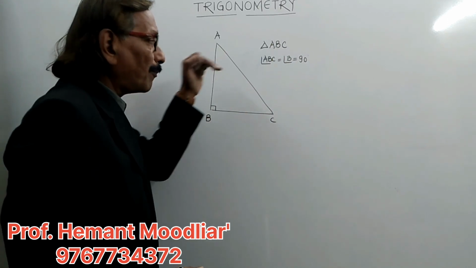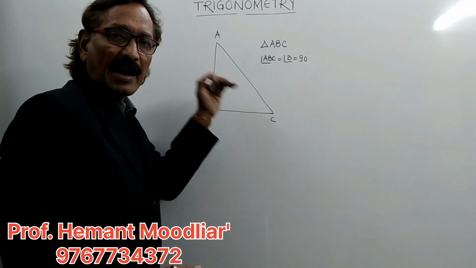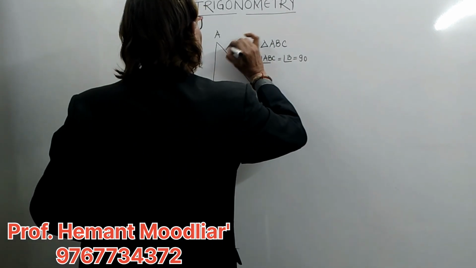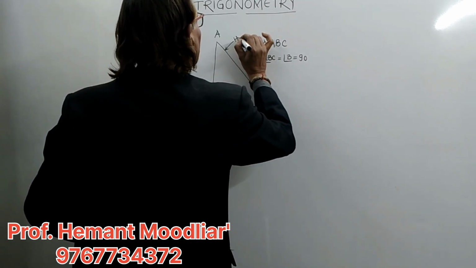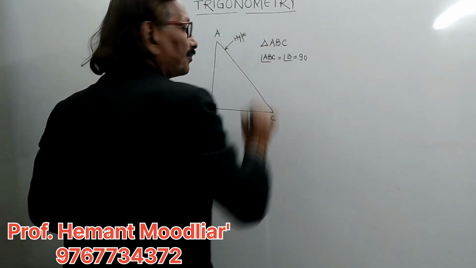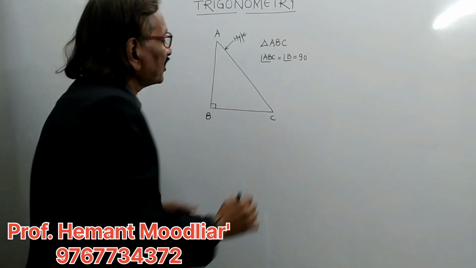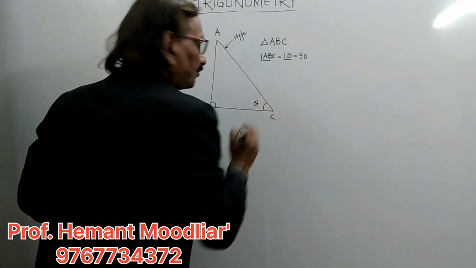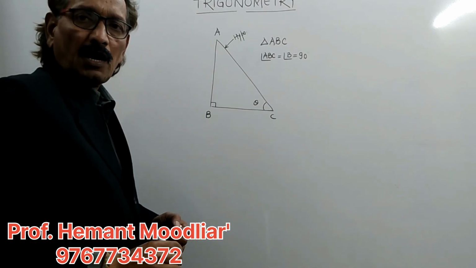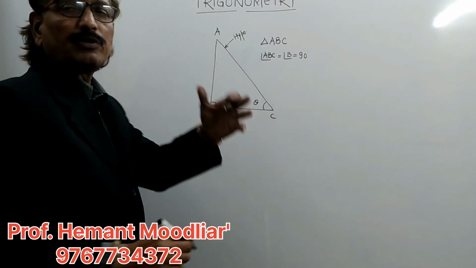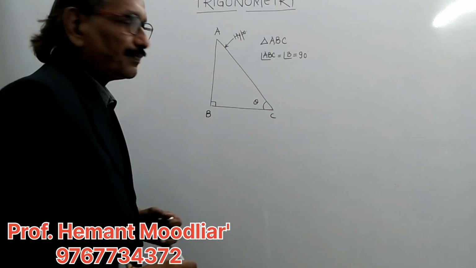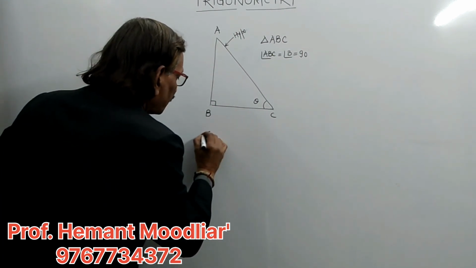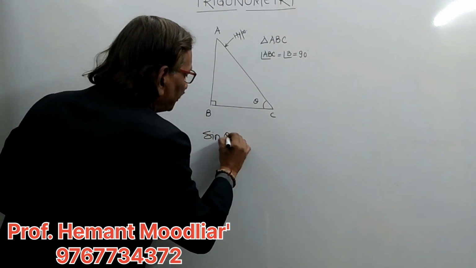The side opposite to 90-degree angle is called as a hypotenuse. If I consider angle C as theta, I have to study few trigonometric ratios. Sin theta.